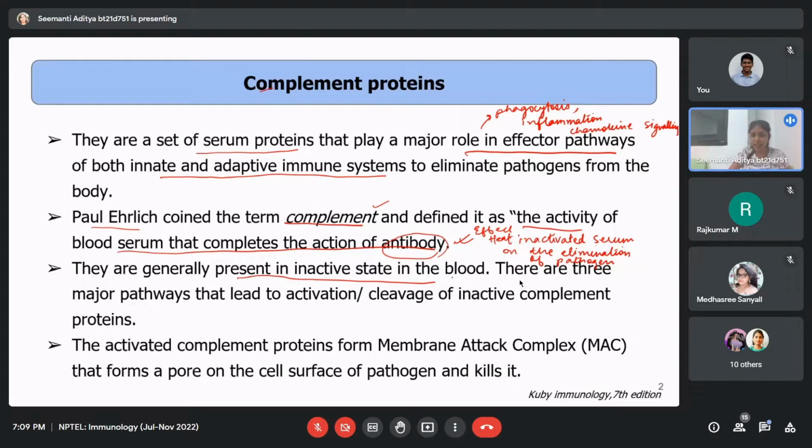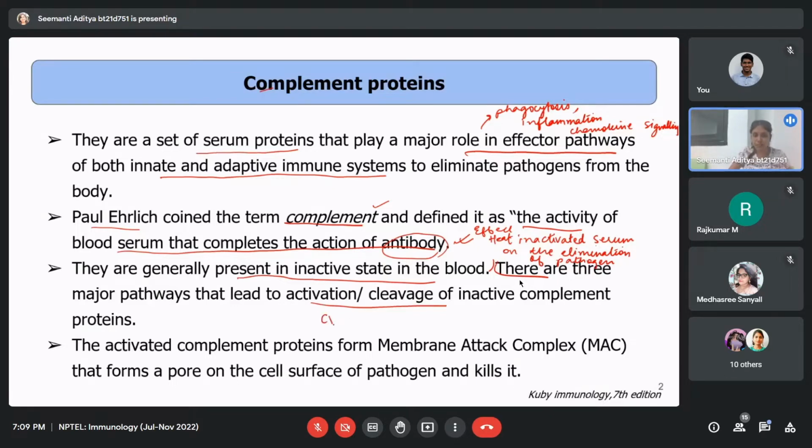Once they are activated, they carry out all of these effector functions. There are three major pathways that lead to the activation or cleavage of these inactive complement proteins. Once they are activated, a cascade of activation takes place, where one complement protein activates another complement protein.